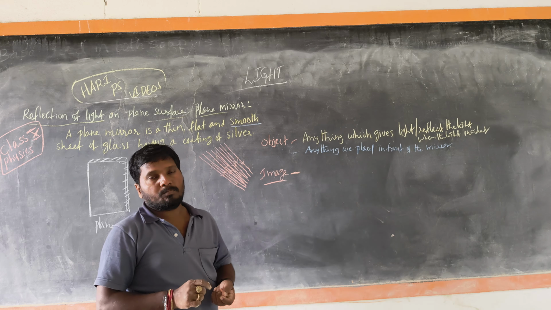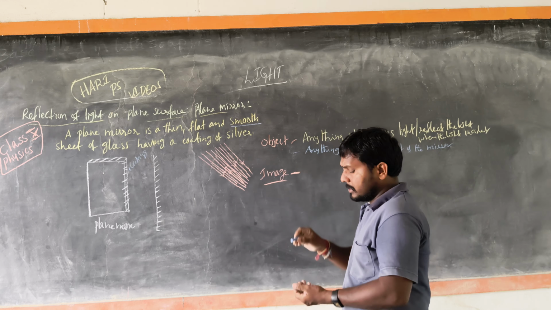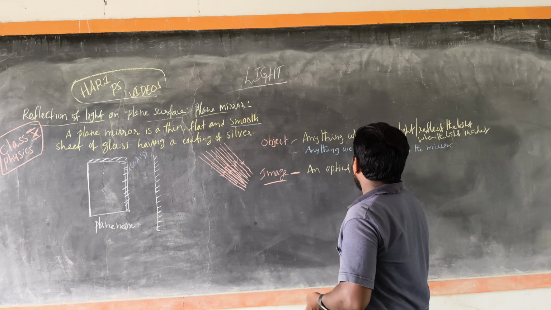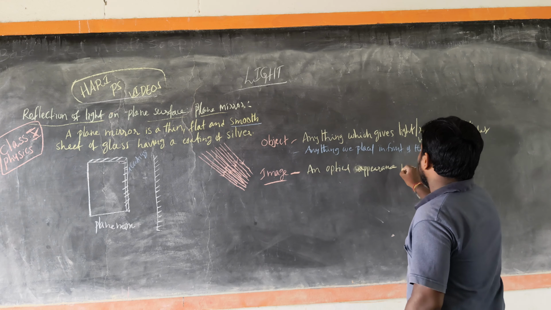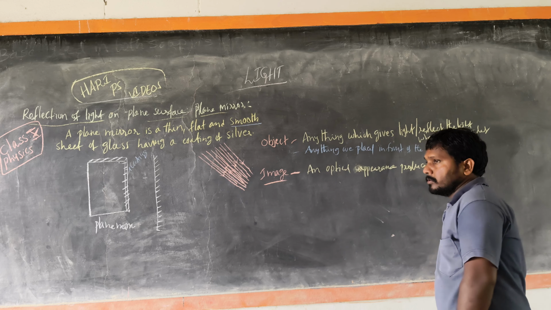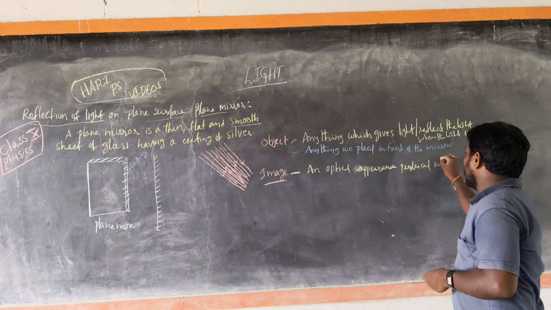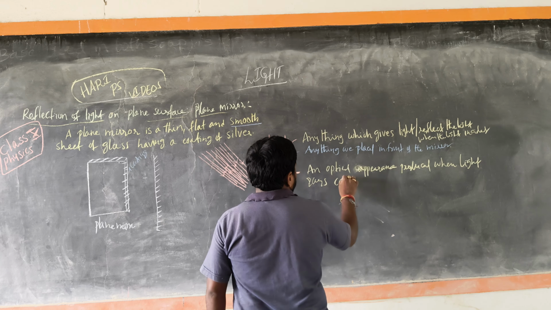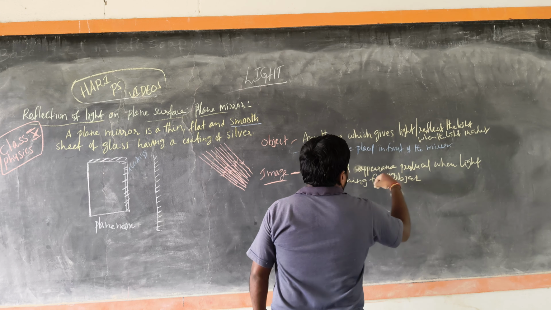Then what about the image? Image is an optical appearance produced when light rays coming from an object are reflected from the mirror or refracted by the lens. What is an object?